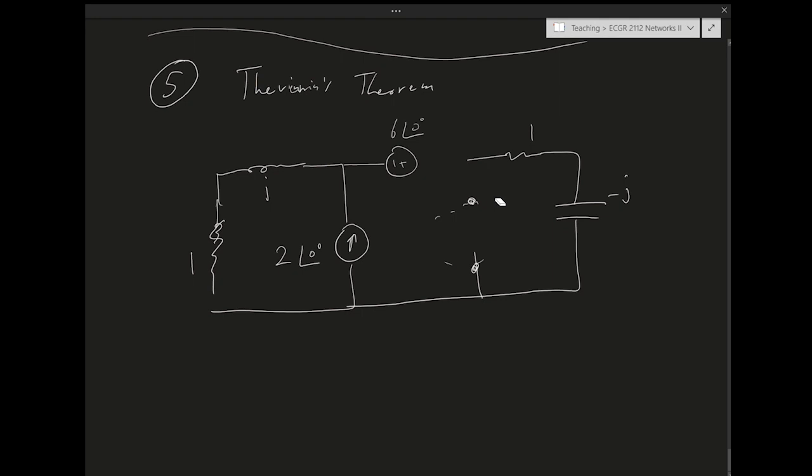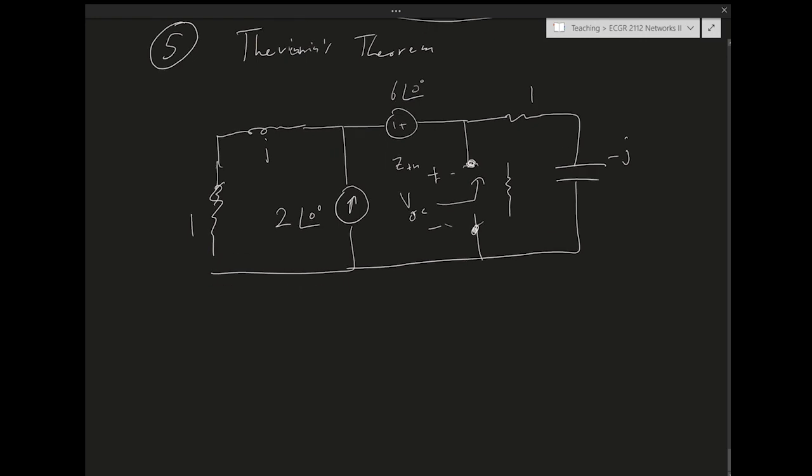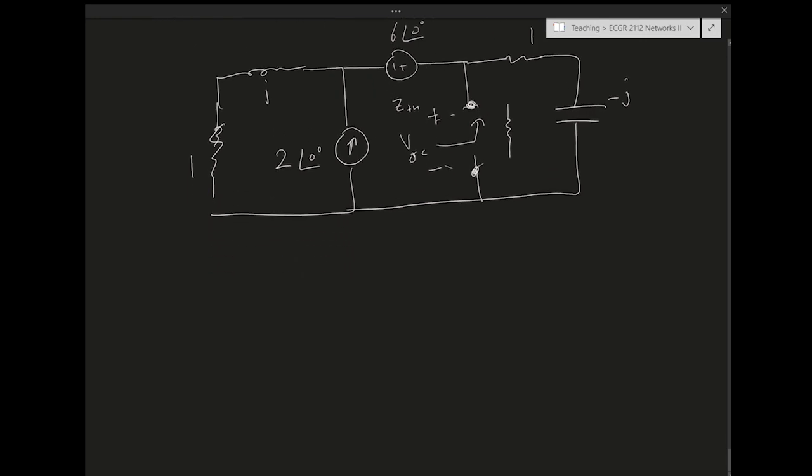So if I take the resistor out, I need to find VOC, the open circuit voltage, and then I need to find Z Thevenin, looking from those two ports. That's how you construct the Thevenin equivalent.